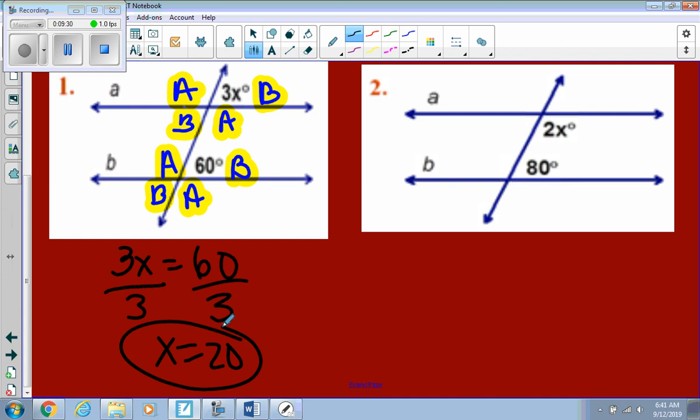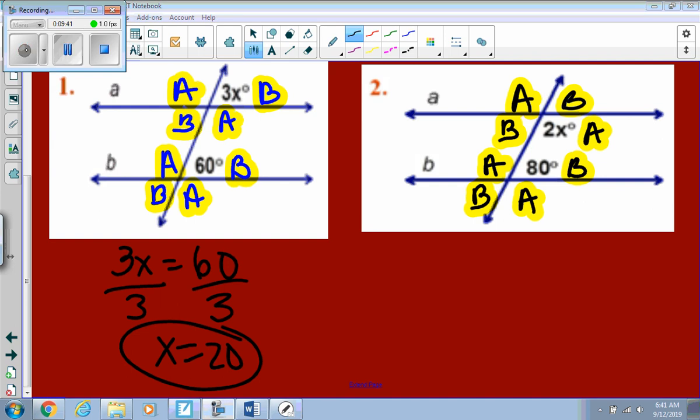Again, we'll do the same thing over here for 2. A, B, A, B, A, B, A, B. So we've got an A and a B. Remember, A's and B's always add up to be 180. So we've got 2x plus 80 equals 180.